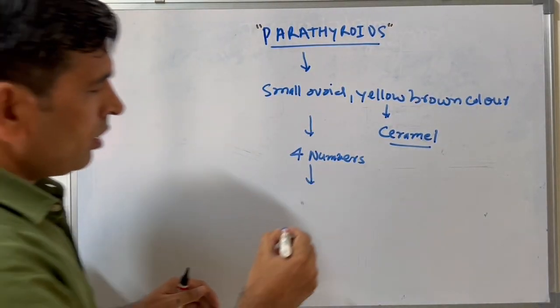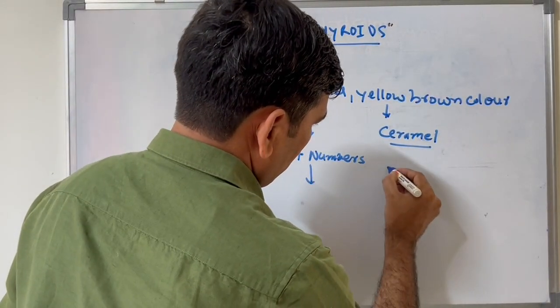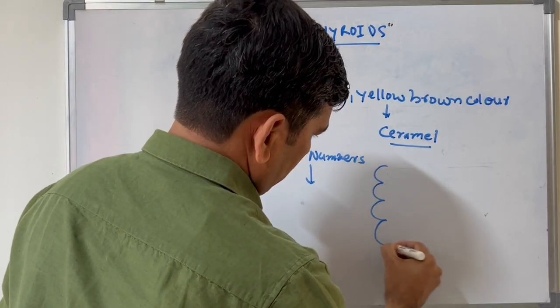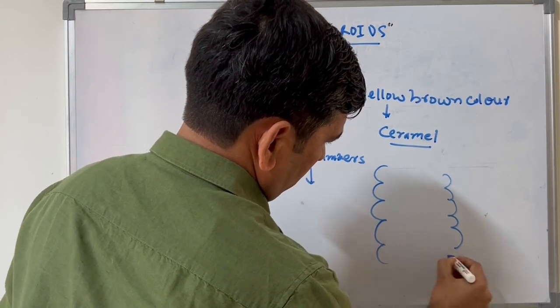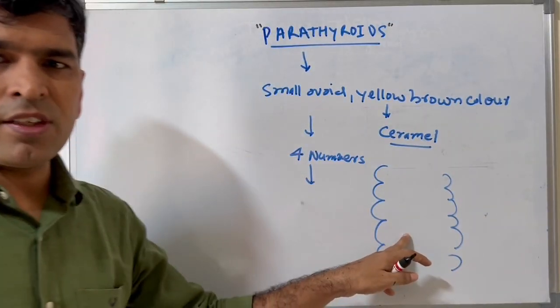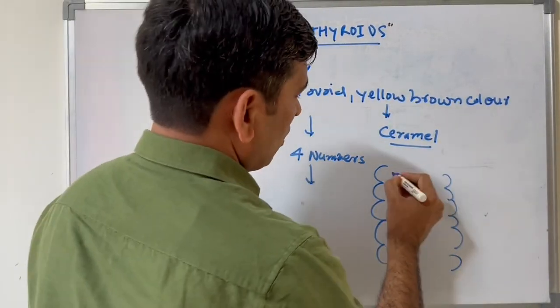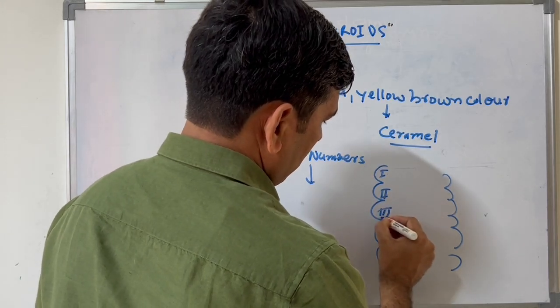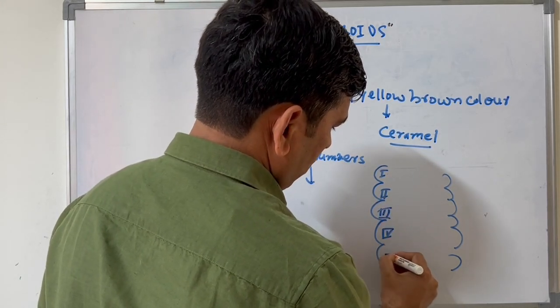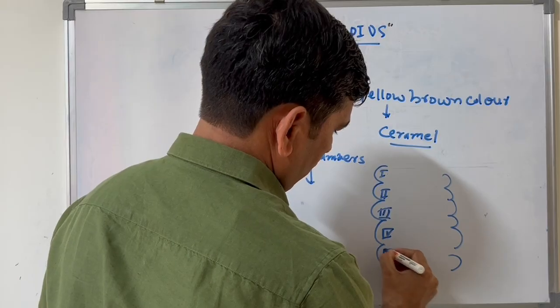Developmentally, if you see, these are the pharyngeal arches. So this is first, second, third, fourth, and sixth.